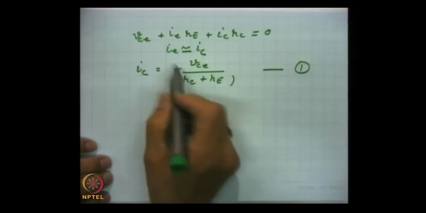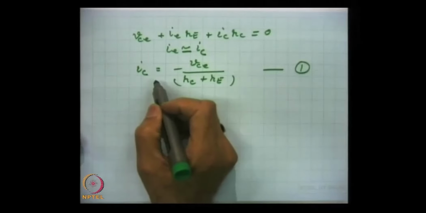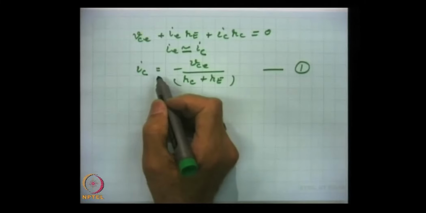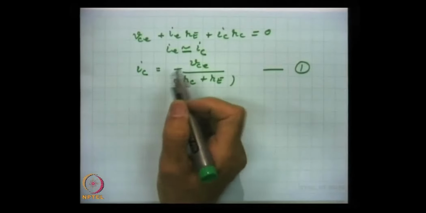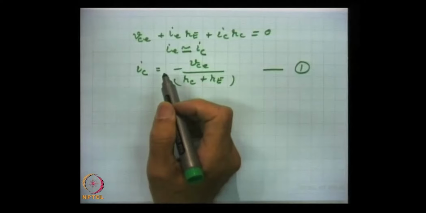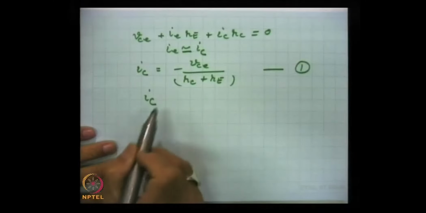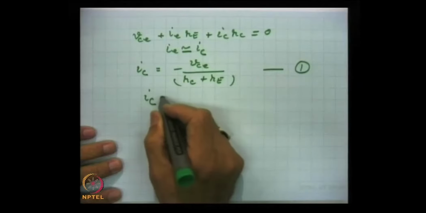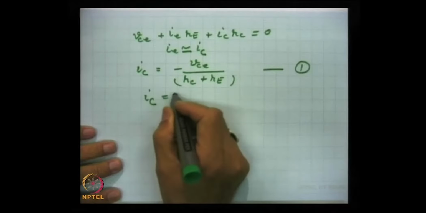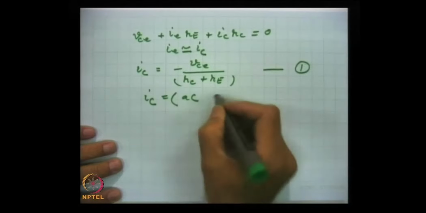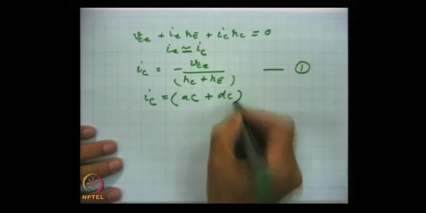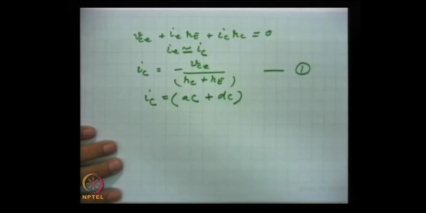This AC current will be superimposed over the DC, so the currents and voltages will keep on varying. The total current, capital IC, will be equal to the summation of the AC component plus the DC component. Similarly for voltages.